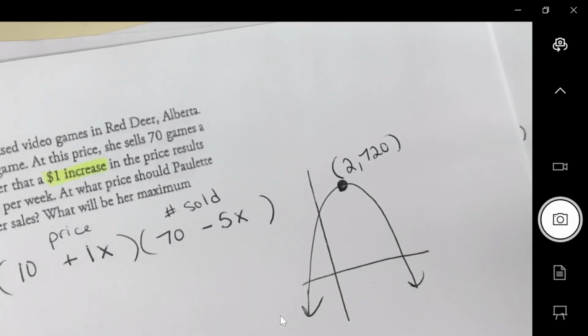I got 2 and then 720. Anybody else giving that as just the coordinate? We haven't answered the question, that's fine. We'll just write that down right now.